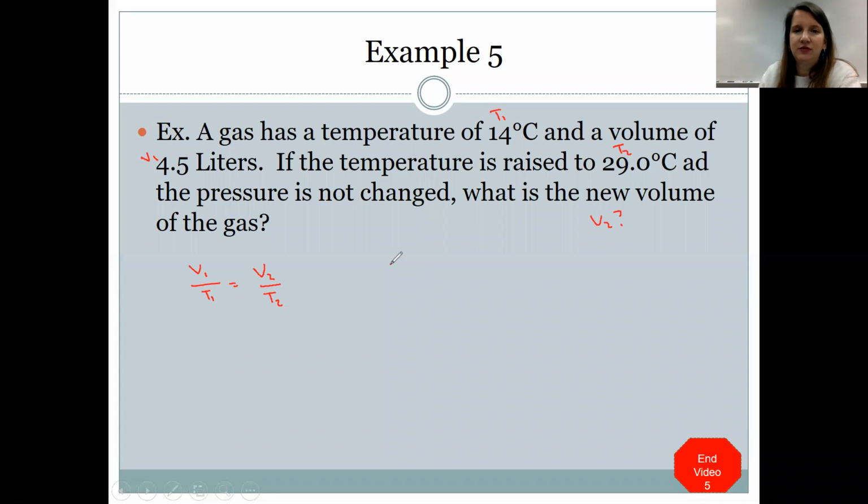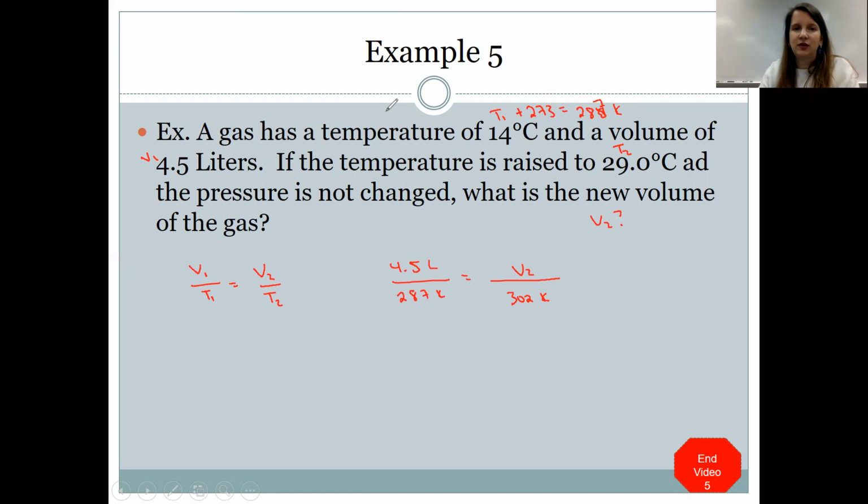So my V1 is 4.5 liters. Make sure that you add 273 to your temperature. So I have 287 Kelvin. And that is going to equal my V2 and my T2, which is 302.